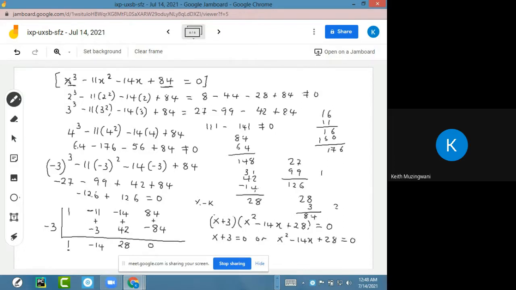So now we work on this quadratic equation, which is, the product is 28. So the factors should be, if the sum is negative 14, what are the factors?